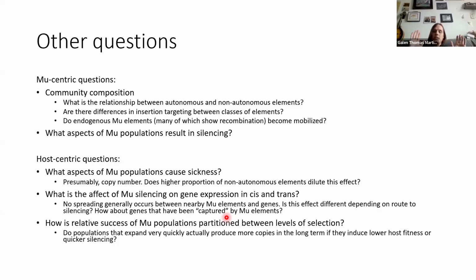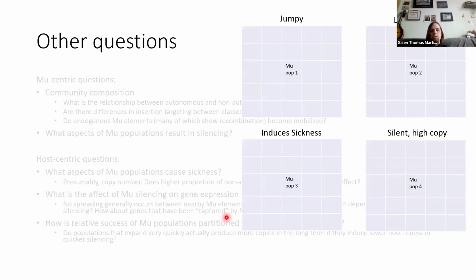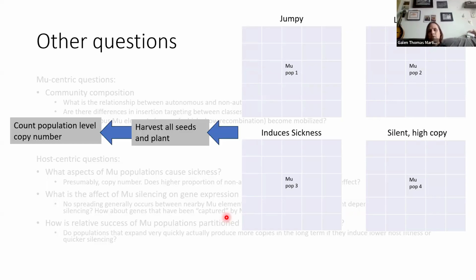But if they immediately get recognized by the host due to their extremely large copy number and silenced, then maybe it's more advantageous to move at a lower frequency and just stay hidden, essentially. But we'll see what that looks like when we get there.